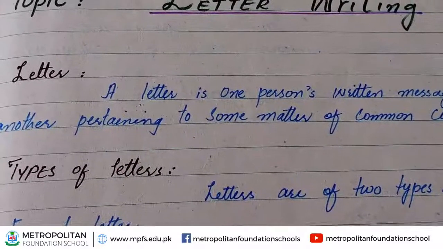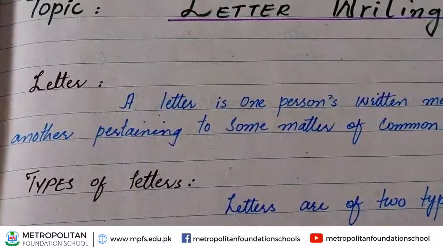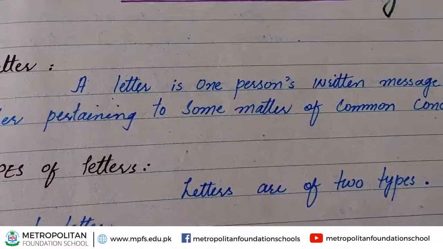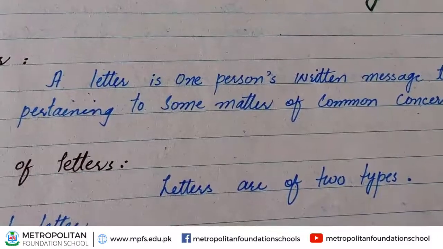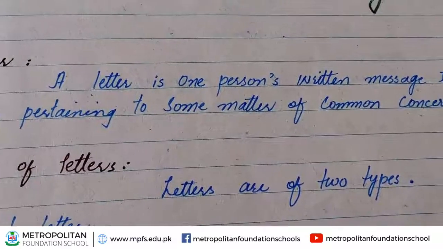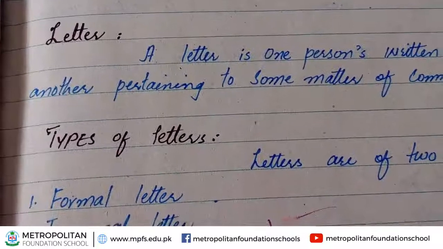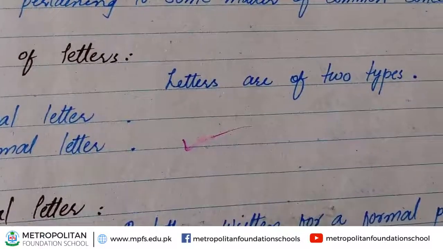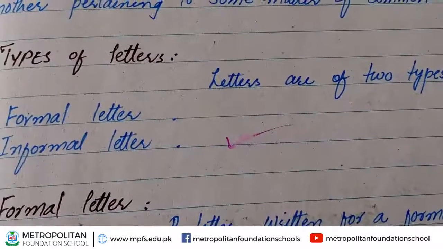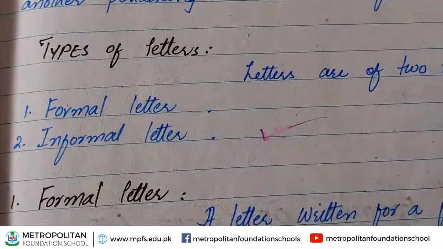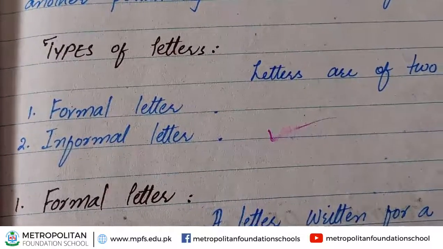That is the definition and briefing. A letter is one person's written message to another pertaining to some matter of common concern. How many types of letters are there? Letters are of two types: first is the formal letter and second is the informal letter.